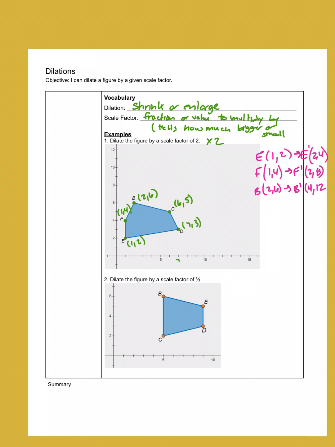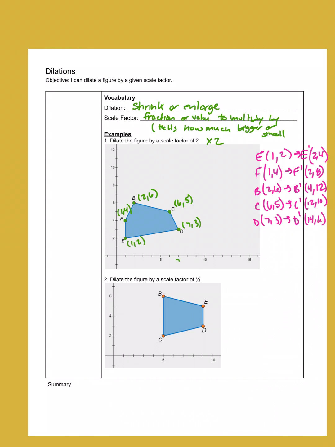And 6 times 2 is 12. And then C was at 6, 5. So C prime will now be at 6 times 2 is 12, 5 times 2 is 10. So 12, 10. And point D, our last one, was at 7, 3. So D prime will now be at 14, 6.